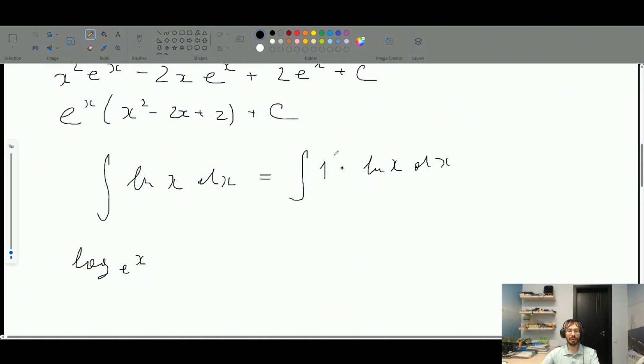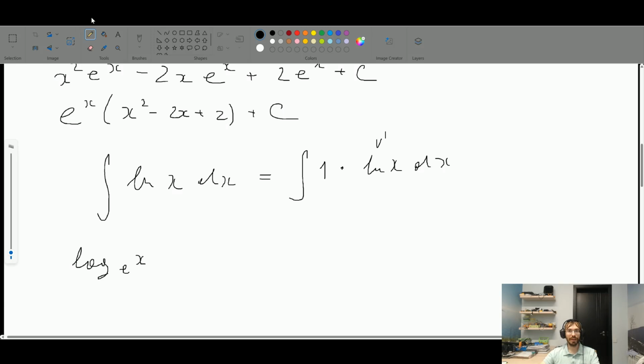Now the question arises, what is u, what is v? Well, if this is, for example, v dash, then we'll have to integrate ln x. But we don't know how to do it. That's exactly what we're trying to do. So it doesn't make sense to integrate that. And also, if you differentiate the constant, it will give us 0 and nothing good.